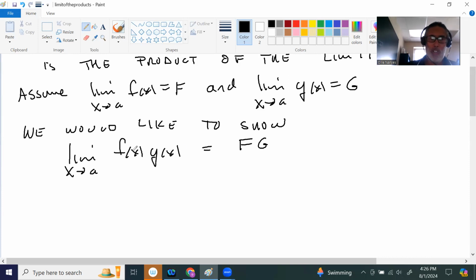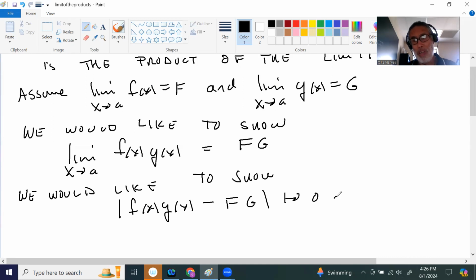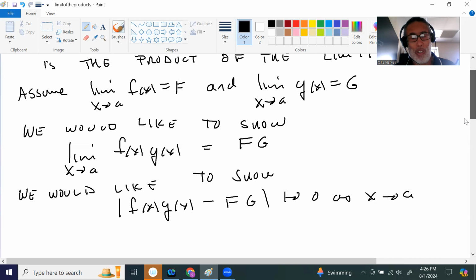So in order to show this, we would like to show that the difference, and I'm using absolute values here, between these two quantities goes to 0 as x goes to a. That's what we'd like to show.